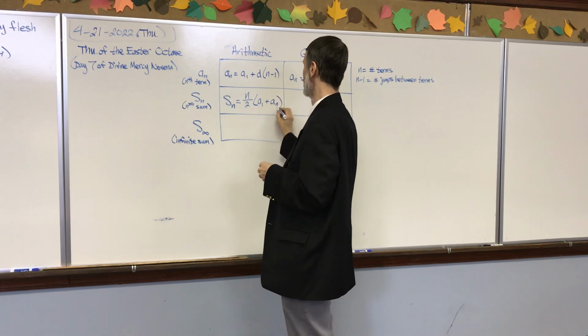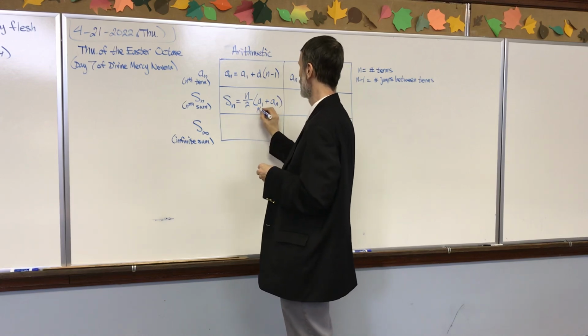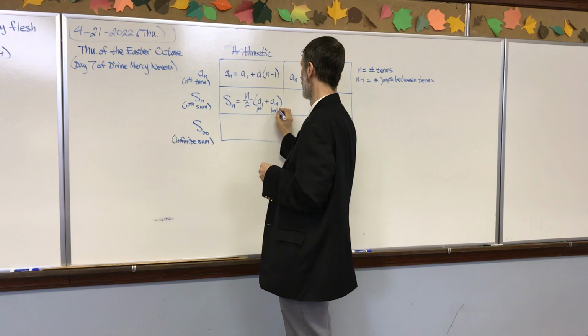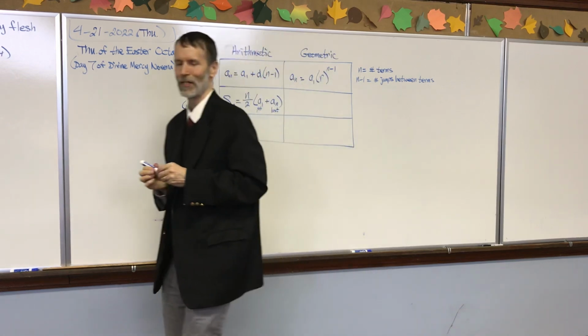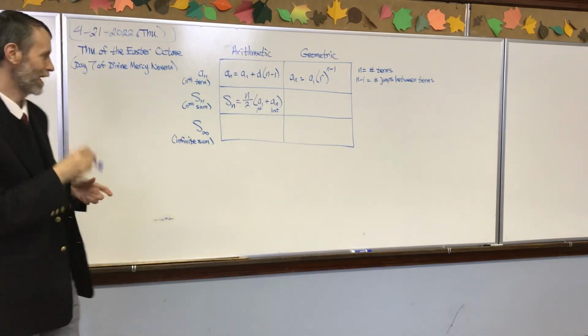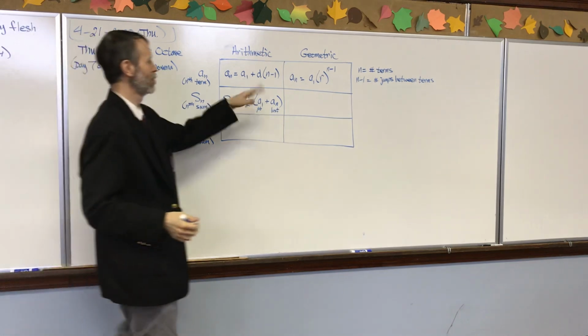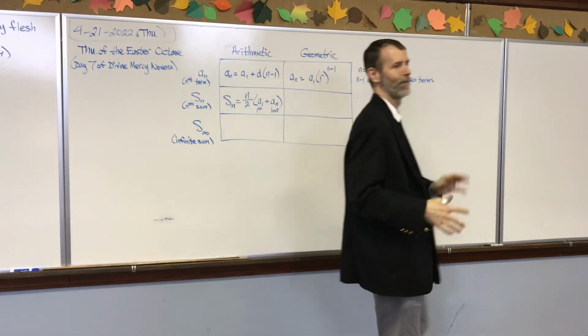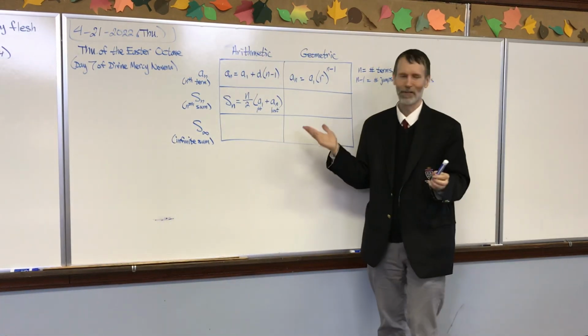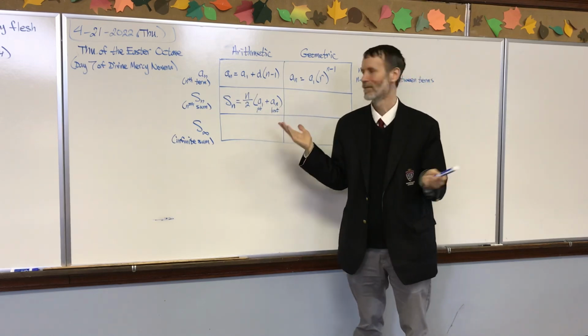Correct. This is the first term, and this is the last term. And then n is how many terms you have total. So it's n over 2, parentheses, first term plus last term. If they give you the first and last terms, this is actually pretty easy to get.